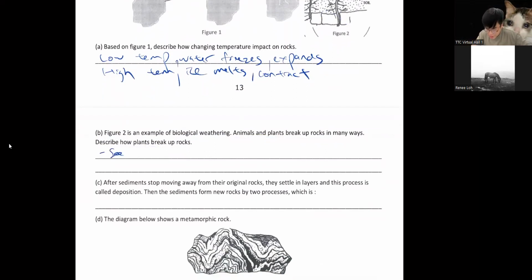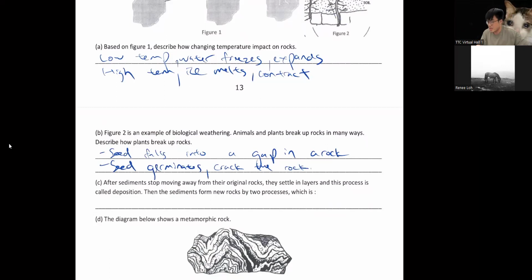Oh, sorry, my pen is running out of battery. So seed falls into a gap in a rock, and then when the seed germinates, it will crack the rock, the seed sprouts and splits the rock in half.